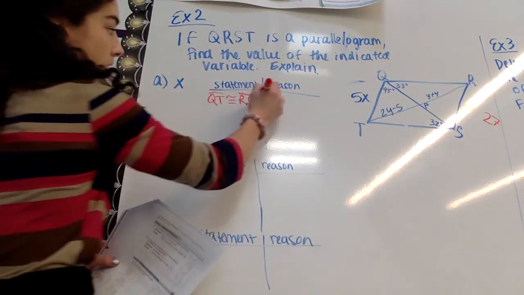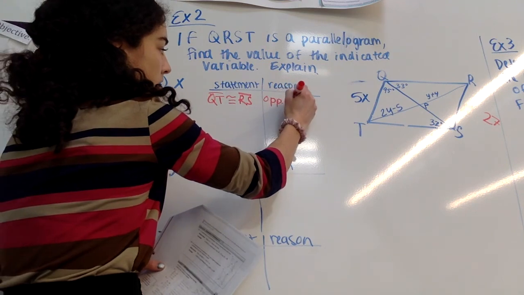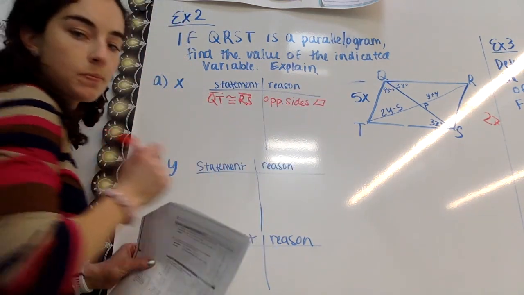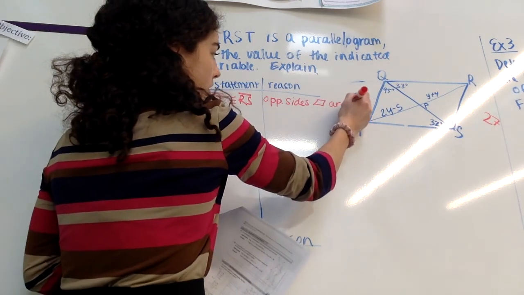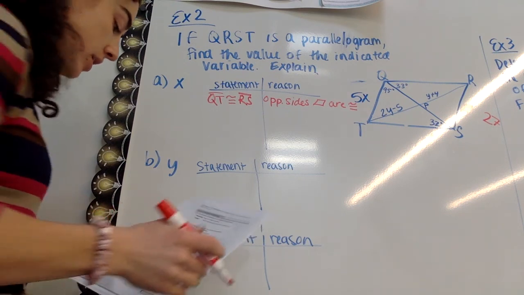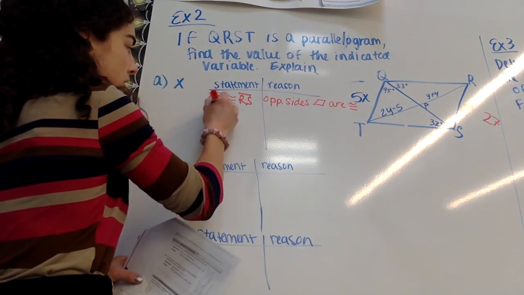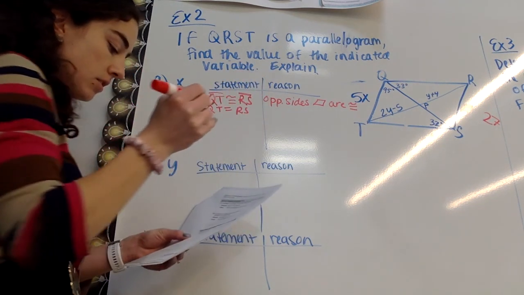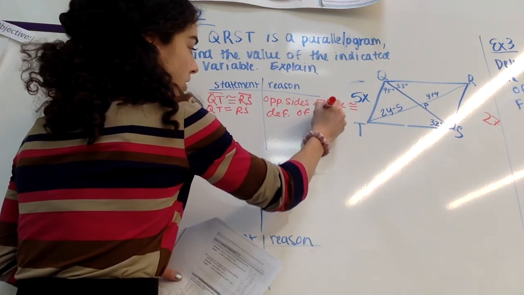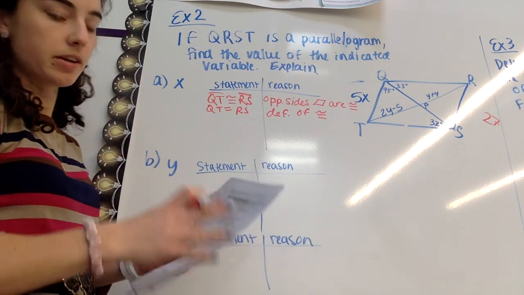So that is because opposite sides of a parallelogram are congruent. That's our reasoning, I mean. Okay, so that means that QT equals RS. That's definition of congruence right there.